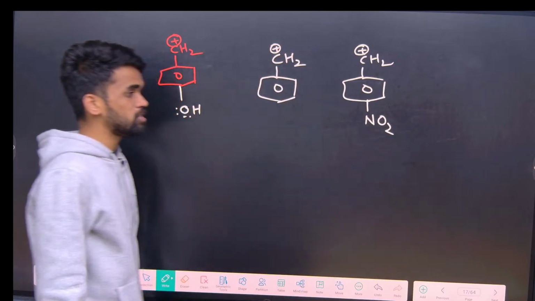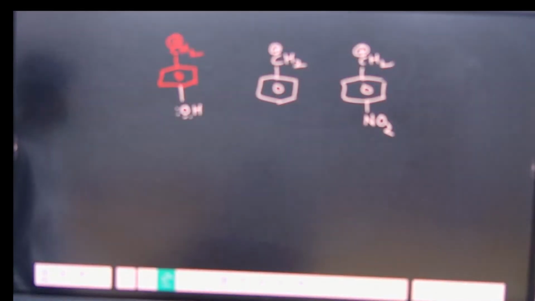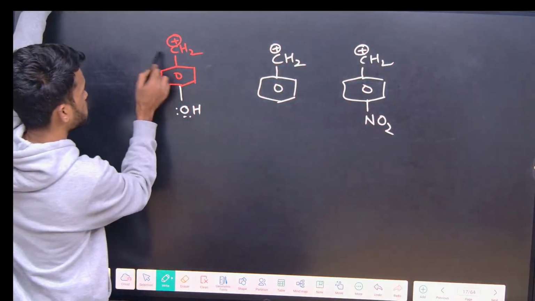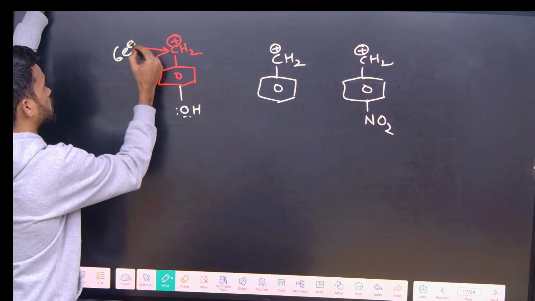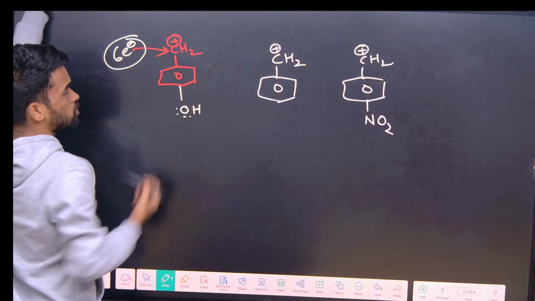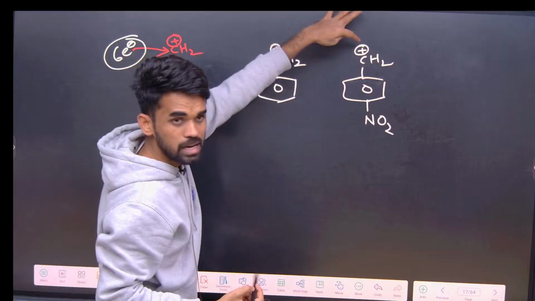Now what happens to the stability of these carbocations? Very easy. Carbocations, how many electrons are there with the carbon? Only 6 electrons are there. If there are only 6 electrons, these are electron deficient. Now carbocations are electron deficient.